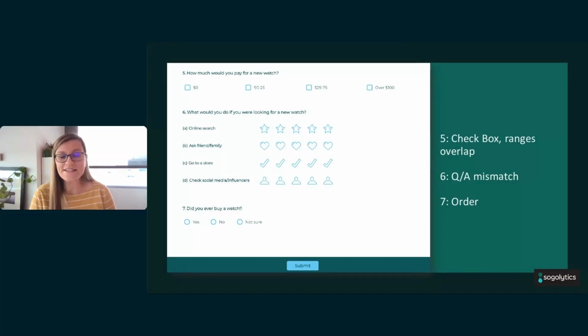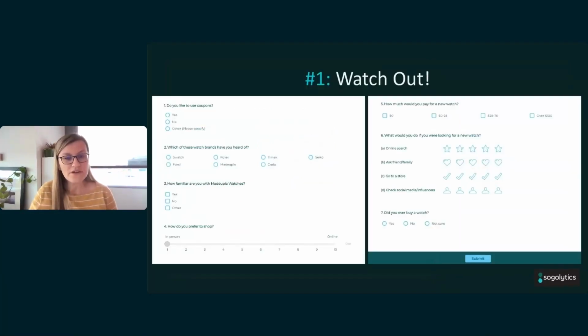And number 7, did you ever buy a watch? Again, a weirdly binary choice, which has a tertiary option that we could not necessarily anticipate. Not sure if I ever bought a watch, in our long lives, perhaps we may have forgotten, but it's a pretty specific question. The real issue here is the order in which this question appears. When we look at all of this together, did you ever buy a watch is something that makes more sense at the beginning if this is a market research type survey.